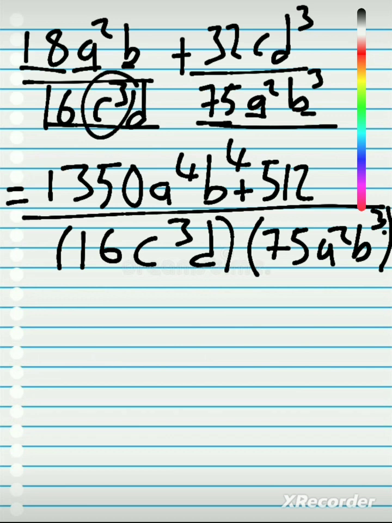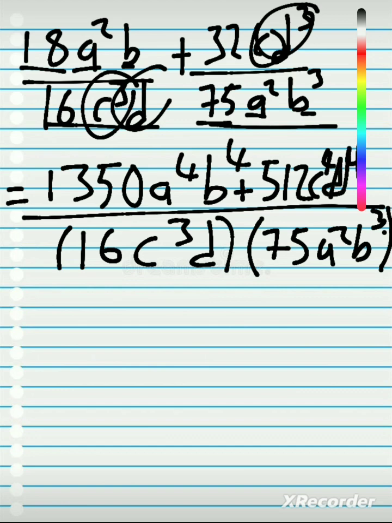So c power 3 times c, it's c power 4. d times d power 3, it's d power 4 as well. So I've run out of space, but it's supposed to be d power 4. Okay, like this.